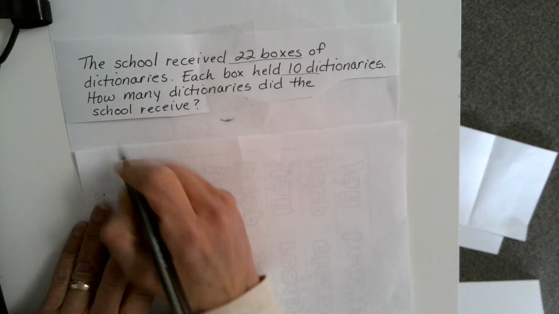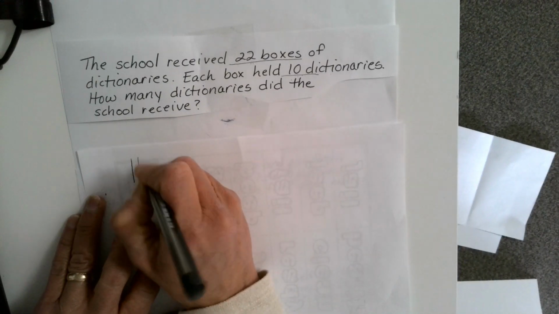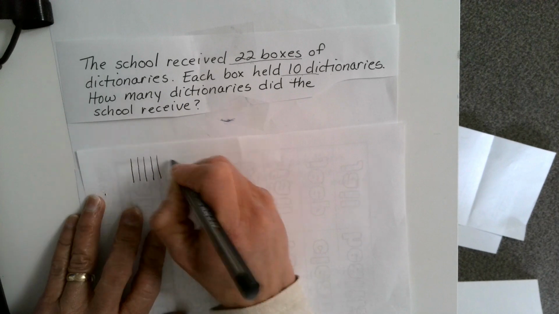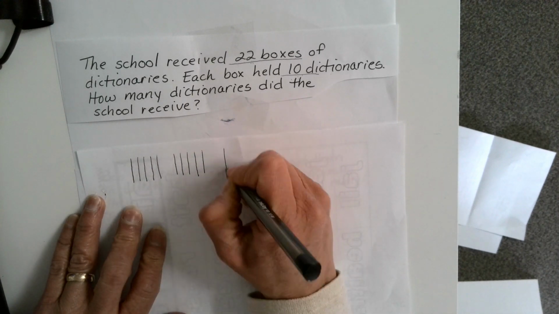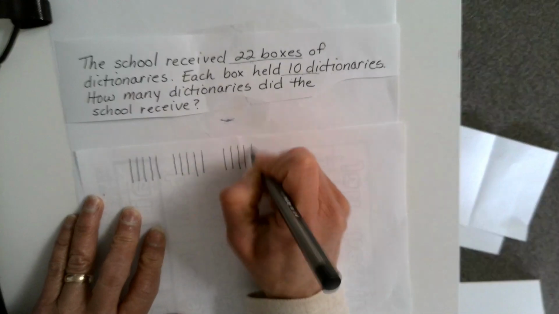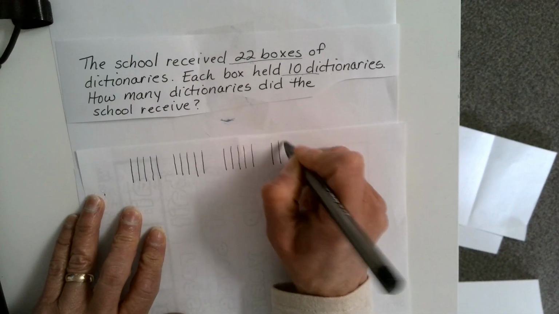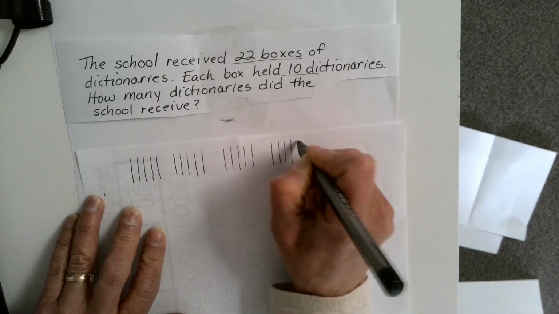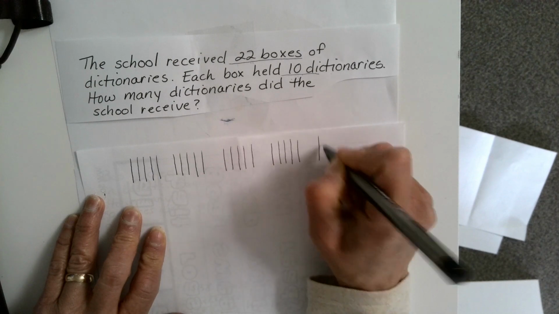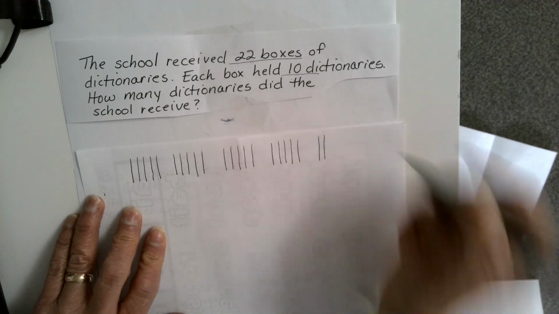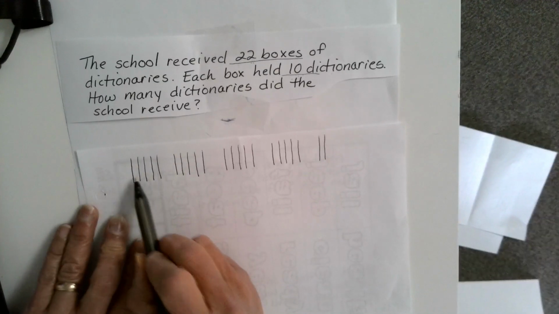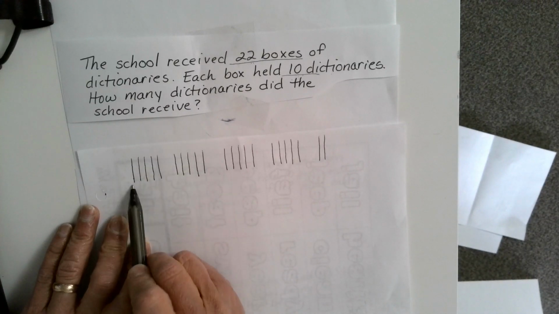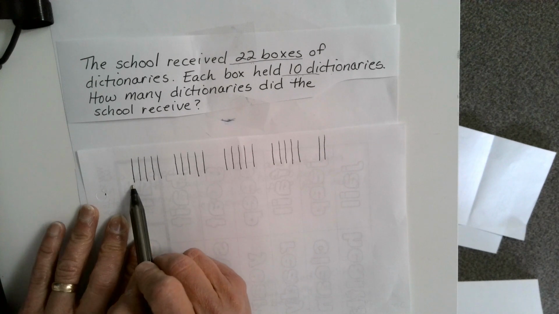I think I'll do that. 1, 2, 3, 4, 5, 6, 7, 8, 9, 10, 11, 12, 13, 14, 15, 16, 17, 18, 19, 20, 21, 22. So there's my 22 boxes with 10 in each because I know that a 10 stick represents 10.